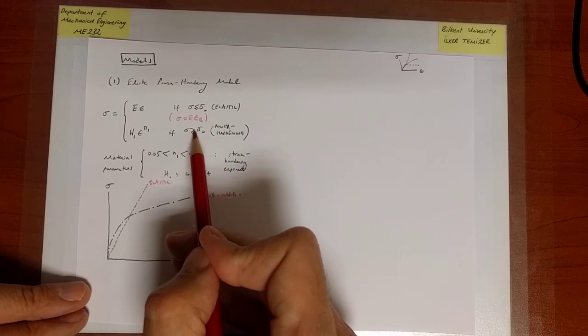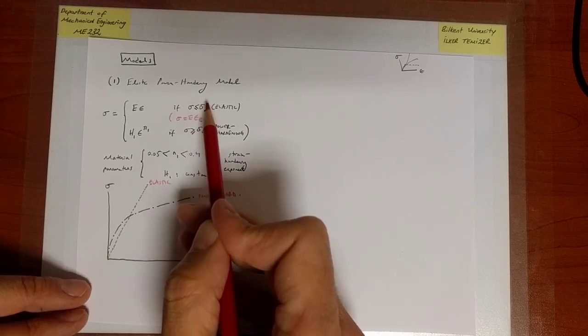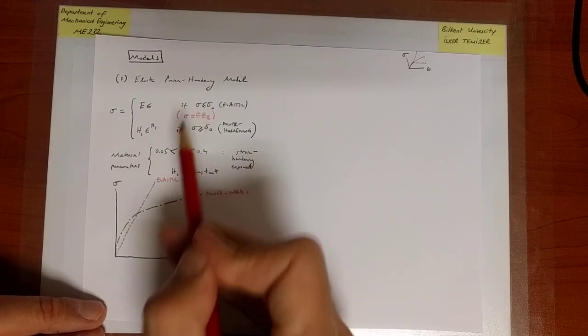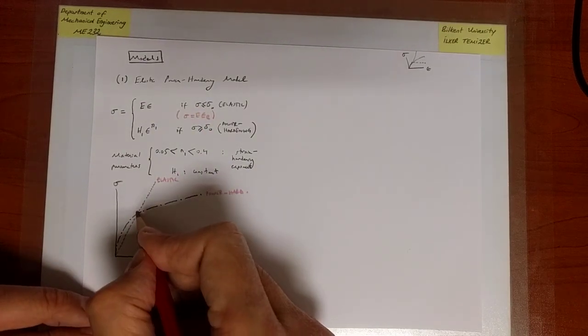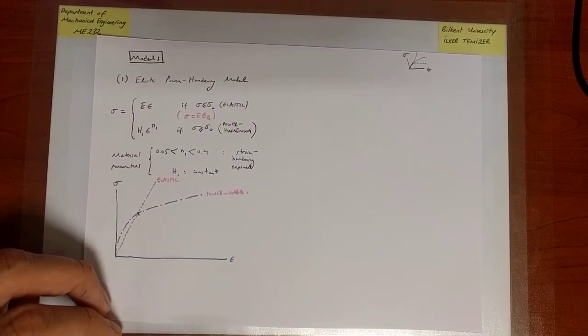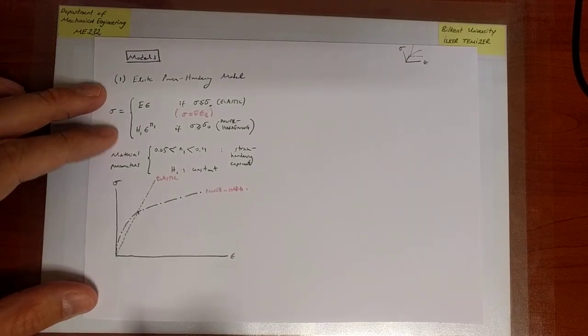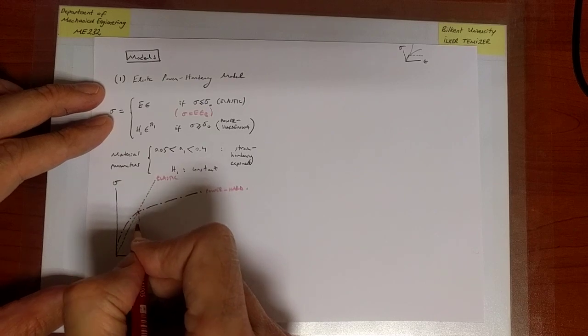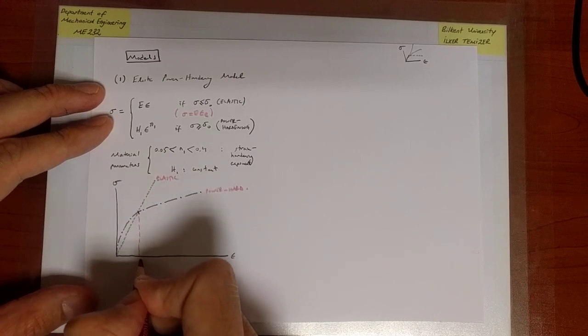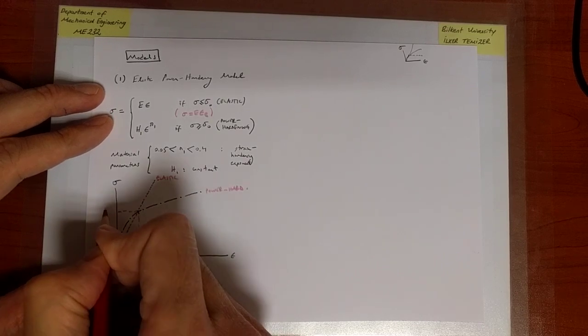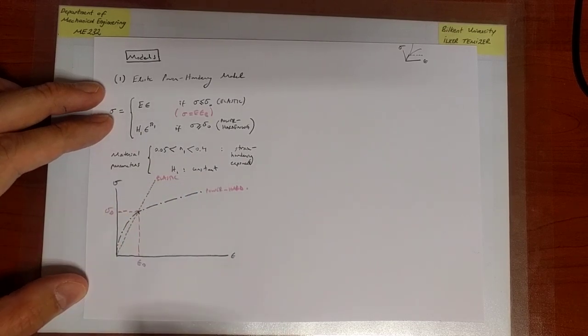But they have to agree at a point where yielding occurs, because both of them have been defined to be valid at the point of yielding. That's our equality sign here. And that point is exactly that point. So the point where the two curves intersect each other must be associated with the yield point. In particular, we will have a yield strain of epsilon 0 and a yield strength of sigma naught.